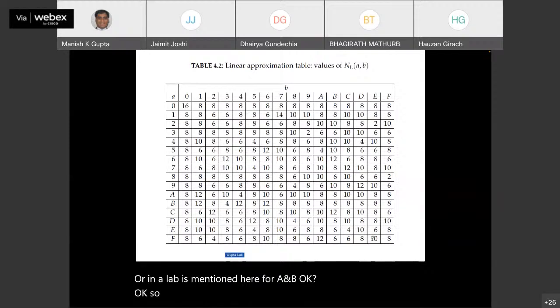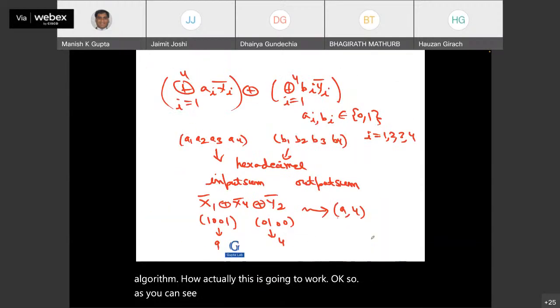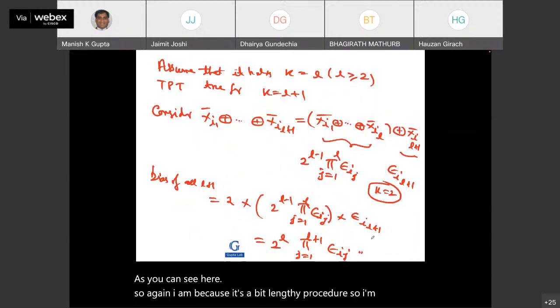So this was all the machinery that was required. Now we can look at a very specific example, and I'll give you a very specific algorithm for how this is going to work. Because it's a bit of a lengthy procedure, I'm revising a few things.